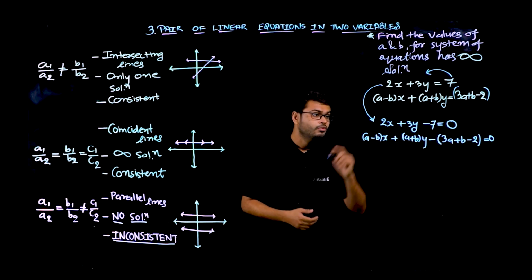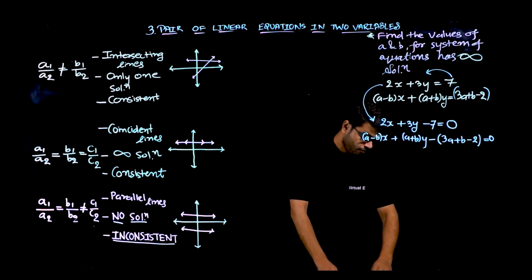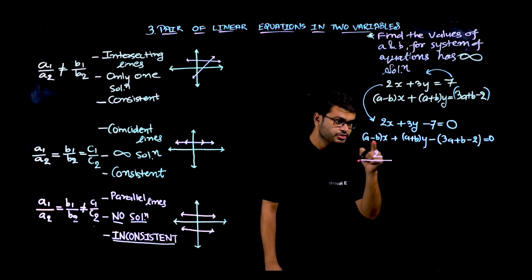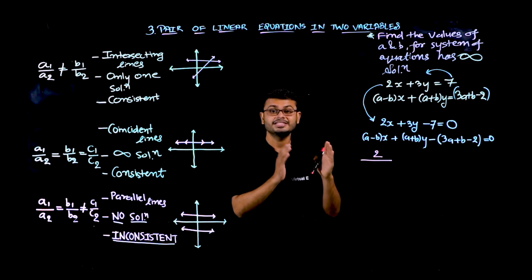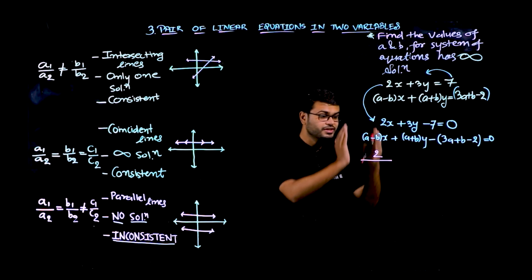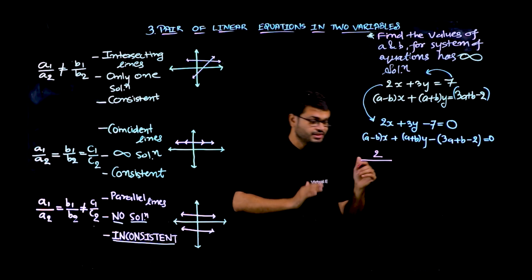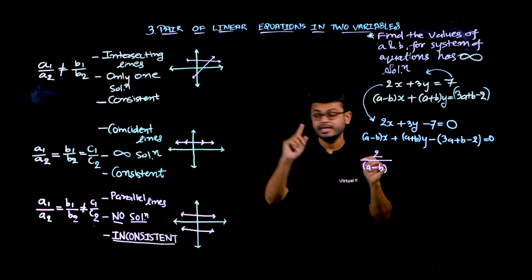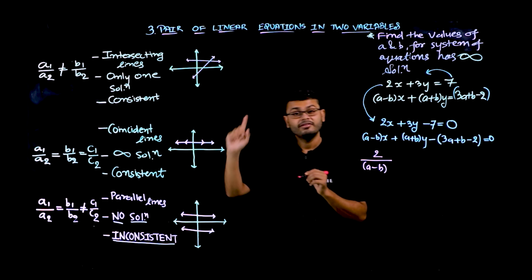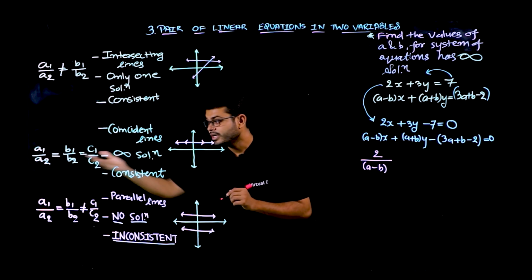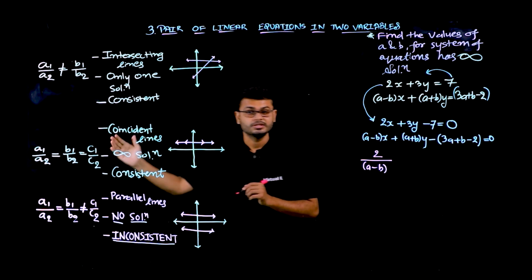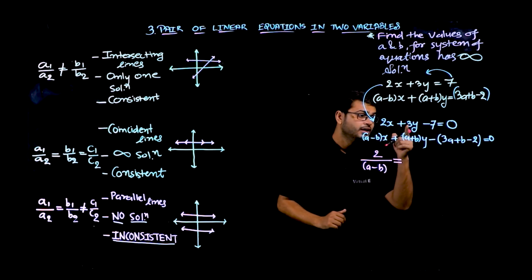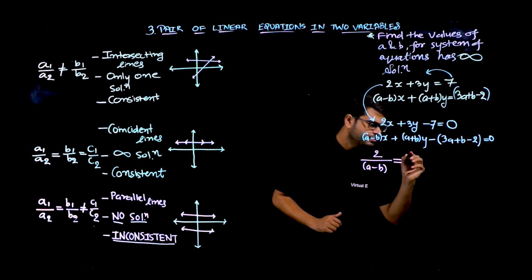First of all, I will be writing coefficients of x. So coefficient of x, which is 2 here, then here, which is a minus b. See, now it is very easy to write the coefficient of x because it is written in a bracket separated from the x. So a minus b, then equal to sign. Why? Because this is the case of infinite solutions. It is already given that we have to use this case, so you can write equal to sign according to the formula. Then coefficient of y, which is 3.